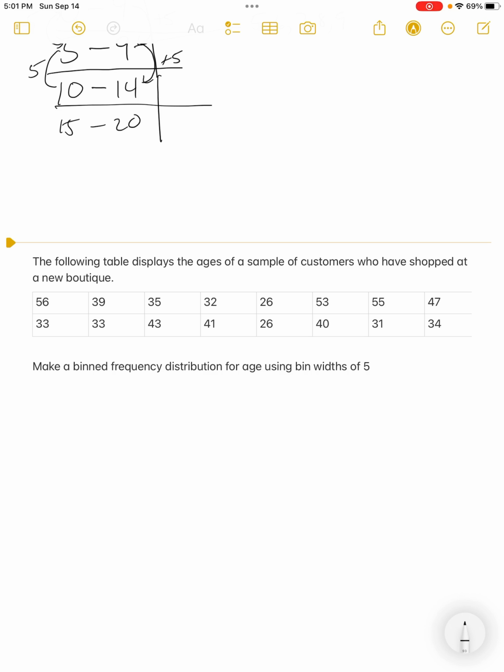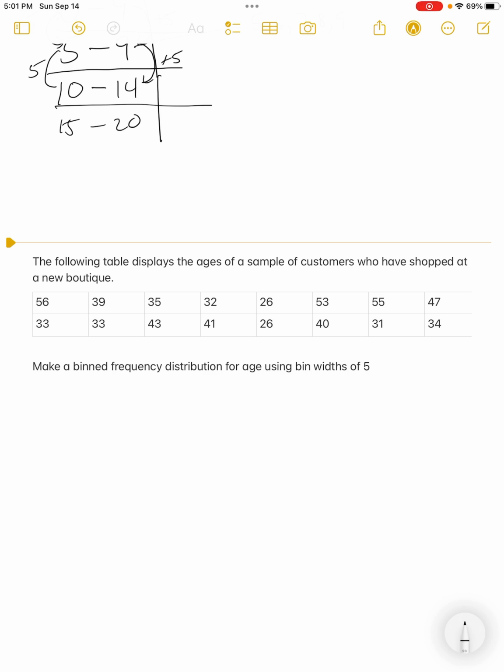The first thing to identify is the lowest value, which is 26. We often start the bins right around that lowest value and continue until we cover the highest value, which in this case looks like 56.